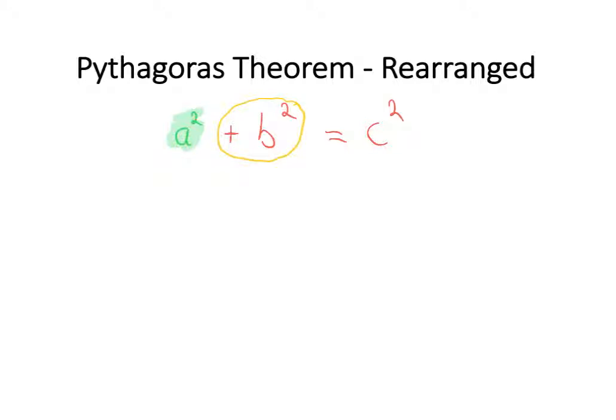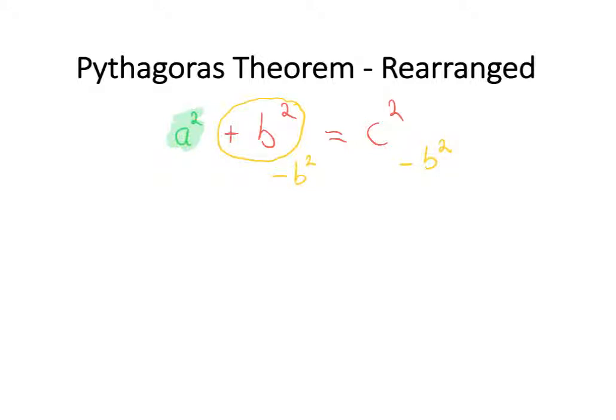So to remove b squared, we need to do the opposite to what we're doing now. So at the moment we are adding b squared. So the opposite of adding b squared is going to be subtract b squared. So if I'm subtracting b squared from the left-hand side, I need to also subtract b squared from the right-hand side.